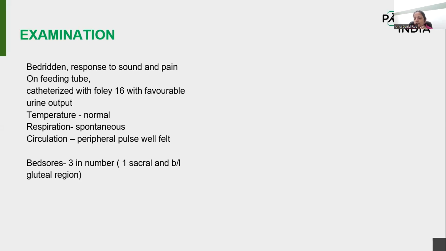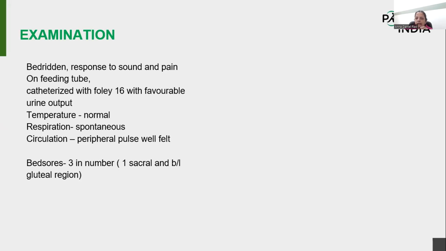Then position of the urobag. Okay, always it should be below the level of the bladder. Many times this is forgotten. What relatives do is they will keep the urobag along with the patient in the bed itself. Okay, but that should not be the case.